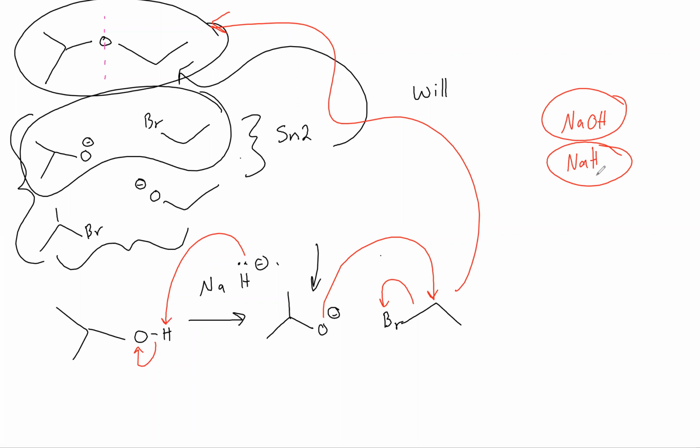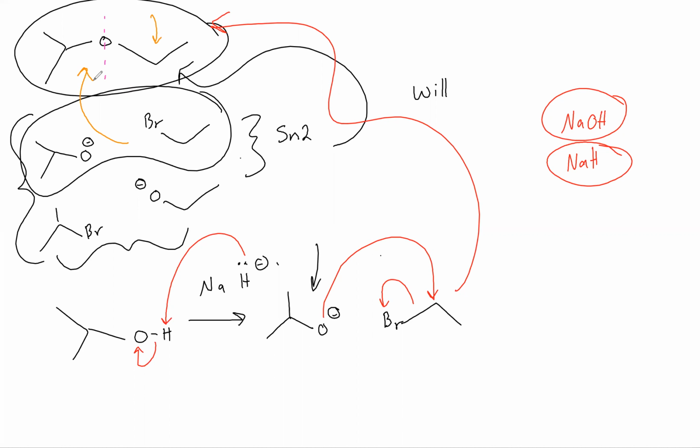And while I did say we're going to cut this ether in half up here, I was talking about cutting this product ether in half to find the reactants. When you're starting with an ether and ending with these, then you have to choose between those. Right now, we're talking about starting with the alcohol and the alkyl halide and ending with the ether. Okay? Does that clear up that question for everybody?